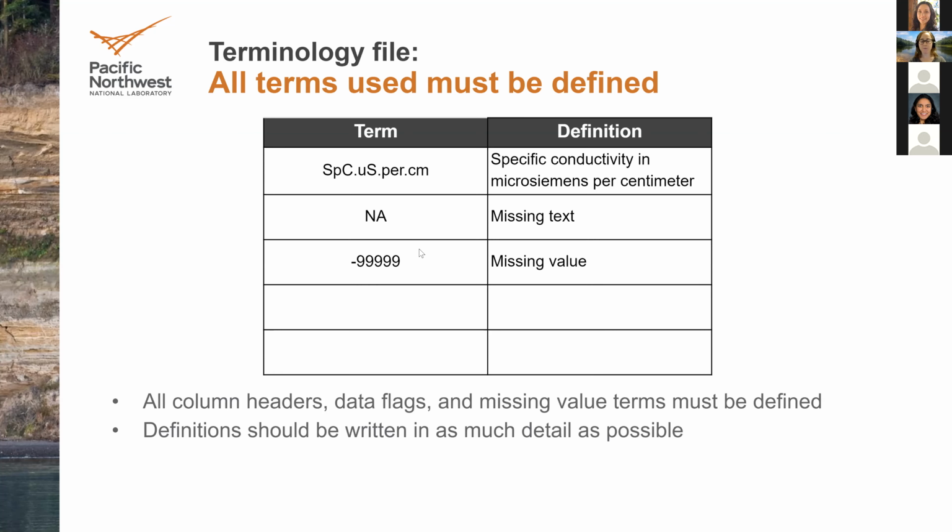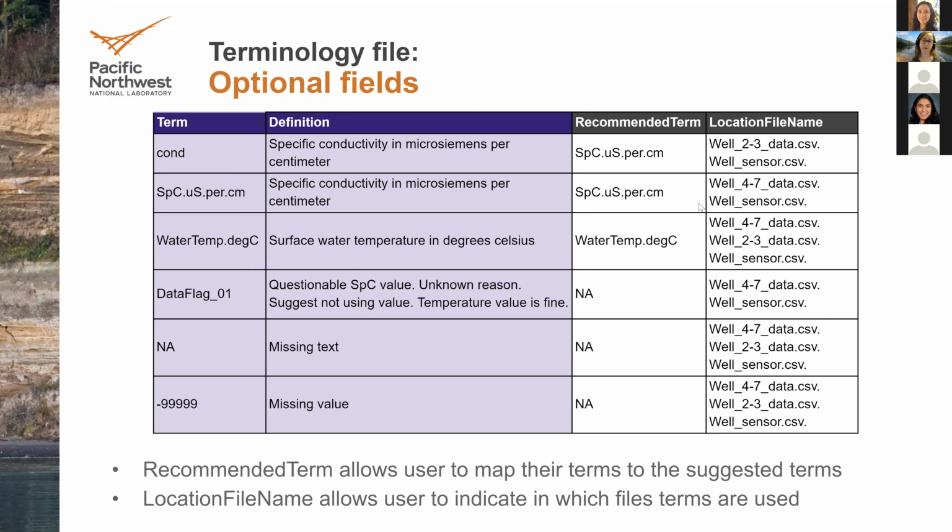So then for the optional fields, we have two of them. There's recommended term. That is for if a user has decided not to use a column header that we have suggested, but the term that they did use can map directly to one that we suggested, they would indicate that here.